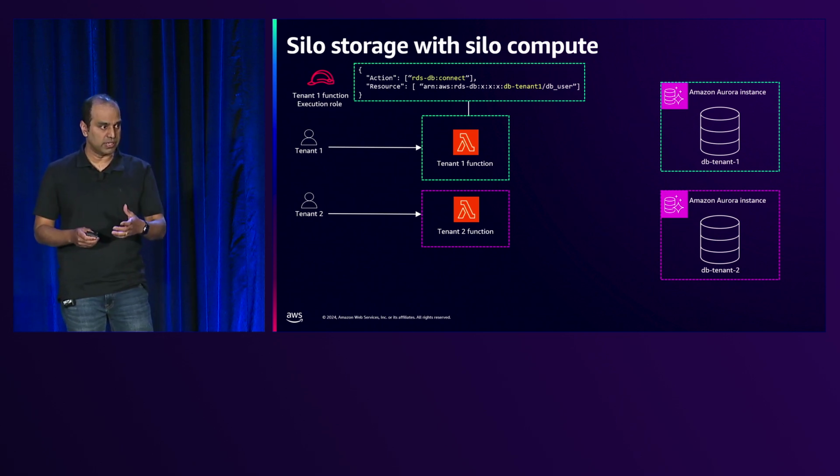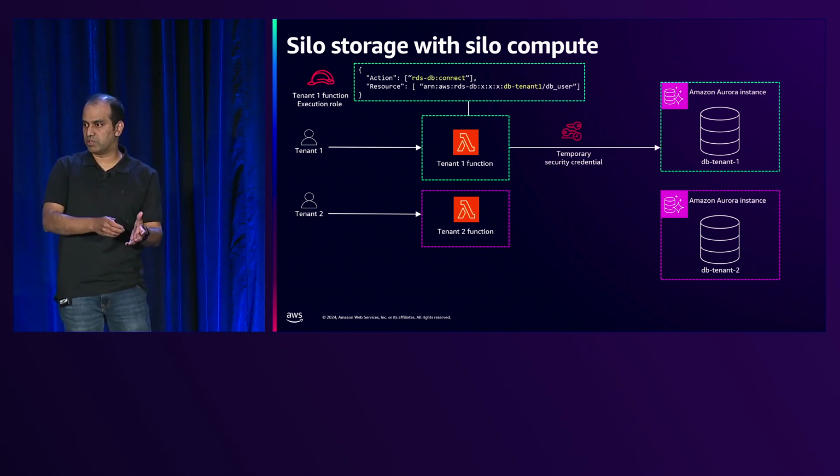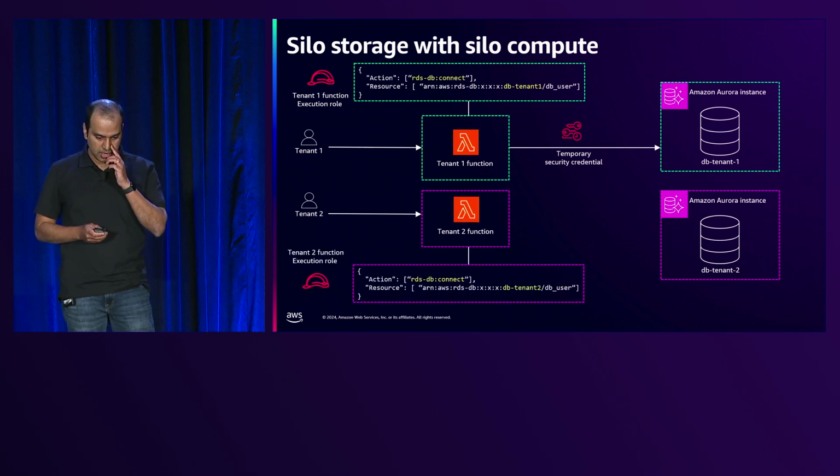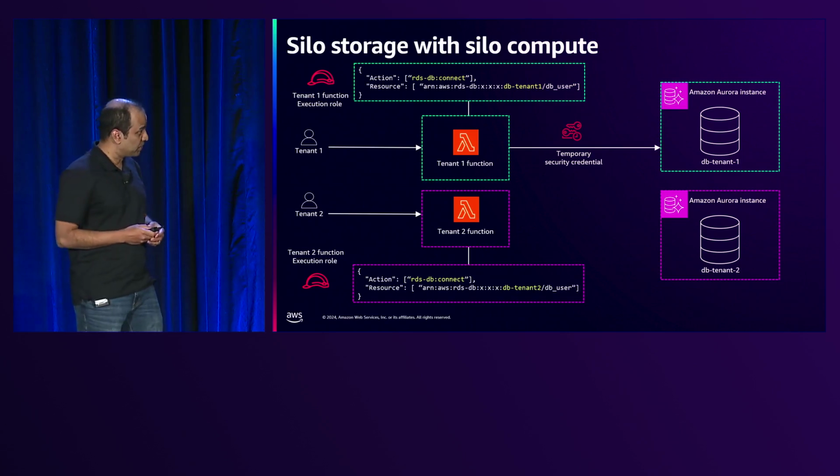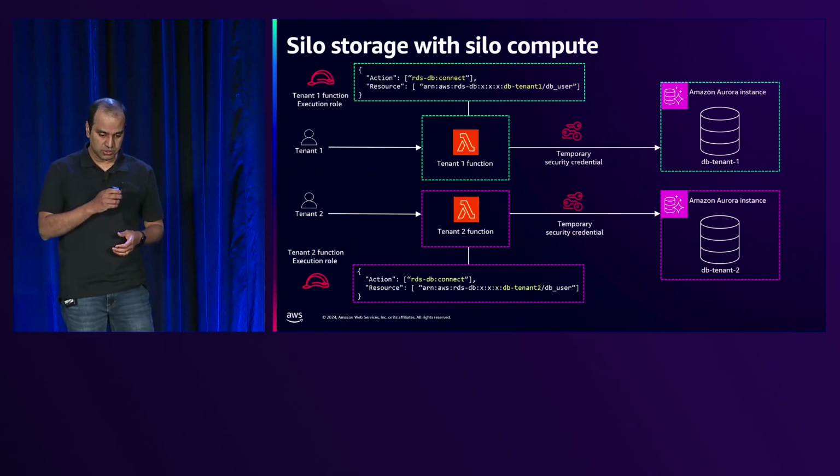If you look at the policy, it's specific to that particular tenant. This policy would return a temporary security credential using which the function would access tenant 1's database. And the same thing for tenant 2, right? Tenant 2 would have their own Lambda execution role, their own policy using which they get a credential, and they would access their database, right?